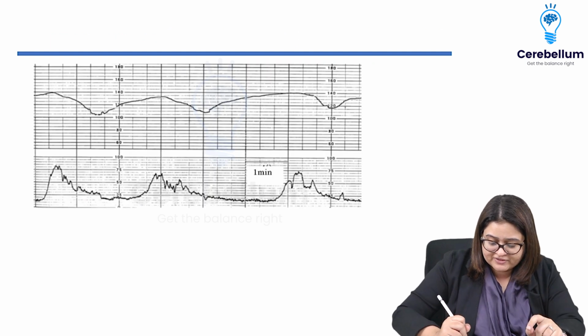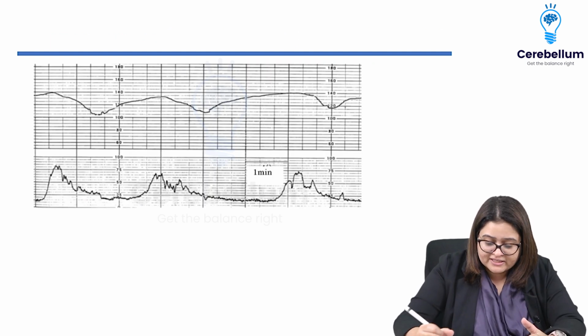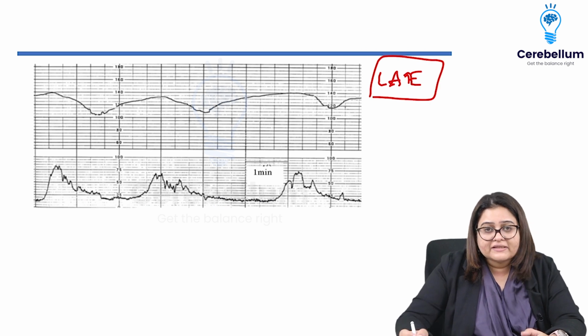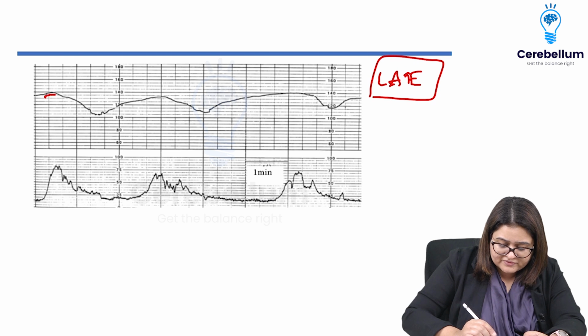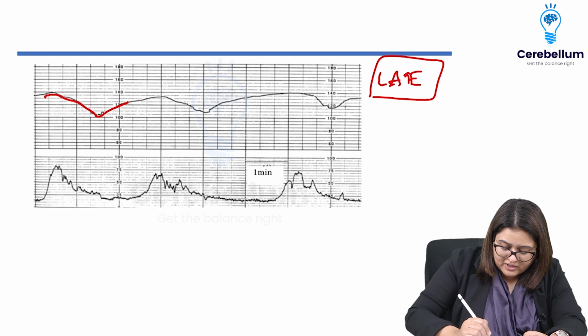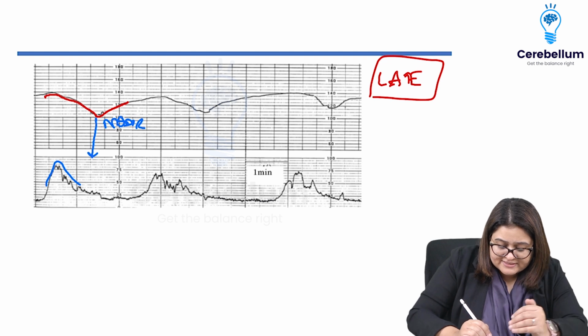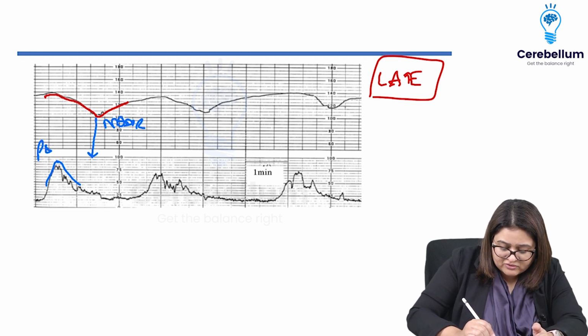The second type of deceleration, and these are the bad ones, are late decelerations. Now what are late decelerations? Can you see how this fetal heart is dipping in relation to the uterine contraction? Can you see the trough or the nadir of this deceleration is happening after the peak of the contraction?